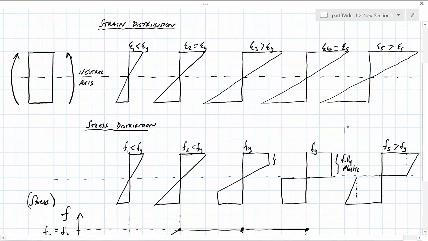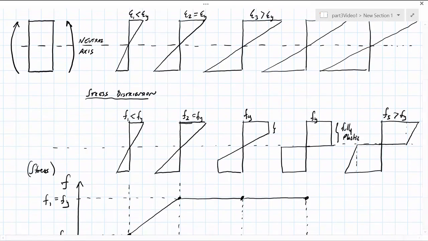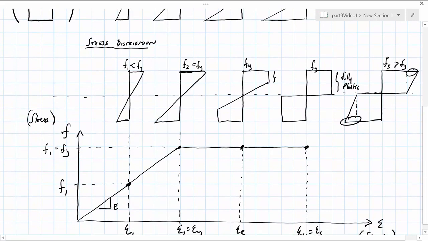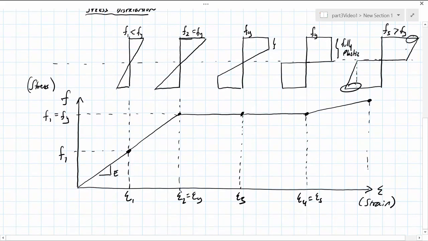If we then extend the strain beyond the initiation of strain hardening, the material actually strengthens and we say it is strain hardened. The corresponding stress distribution then shows an increase in strength over the yield strength, and correspondingly the stress-strain curve starts to develop a secondary slope as shown on the stress-strain curve. The slope of this curve is given by Es, and we call this the strain hardening modulus.